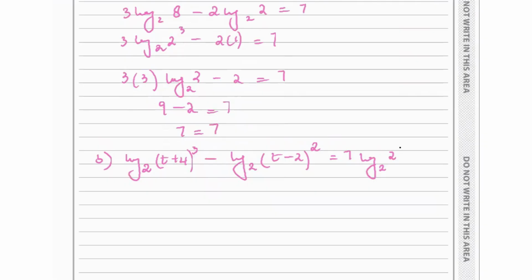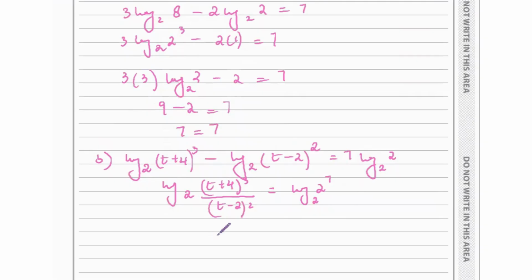If it's a constant, you can always multiply it with a log, keeping in mind that the number and the base are the same. So now when two logs with the same base are being subtracted, we can divide the number. So it's going to be log to the base of 2 with (t plus 4) whole cube divided by (t minus 2) squared equals log of 2 to the power of 7, base 2.